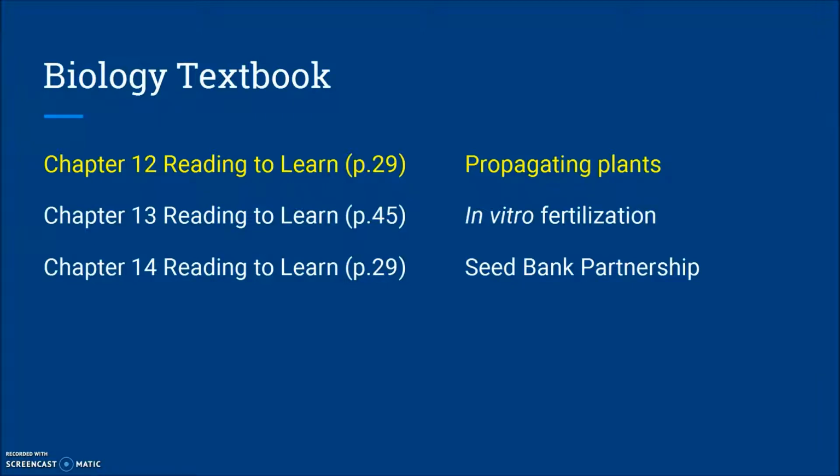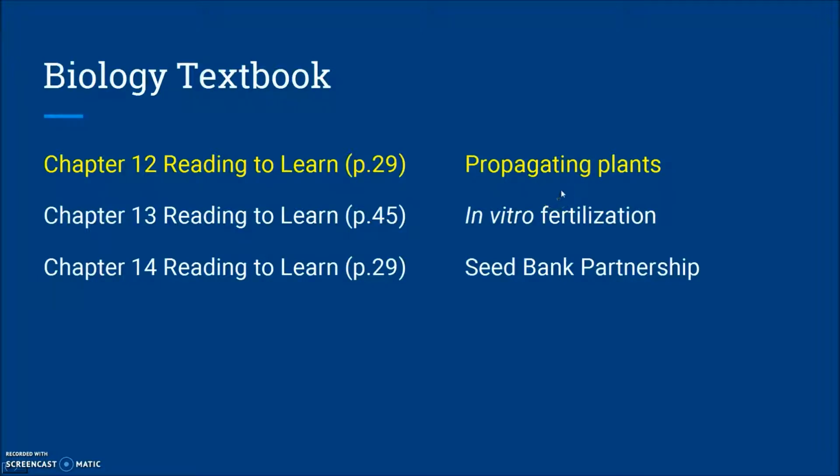The first part is cell division, the second part is sexual and asexual reproduction, the plant reproduction, and then the human reproduction, and the last part is how an organism grows and develops. Because we have already talked about chapter 11 before, in this video we only talk about chapters 12, 13 and 14.